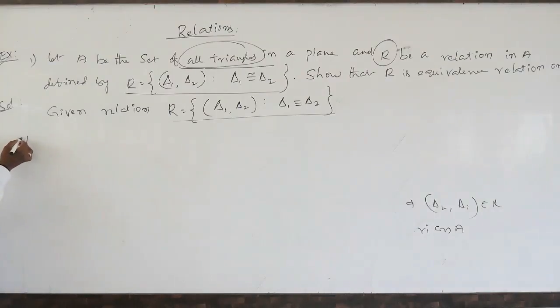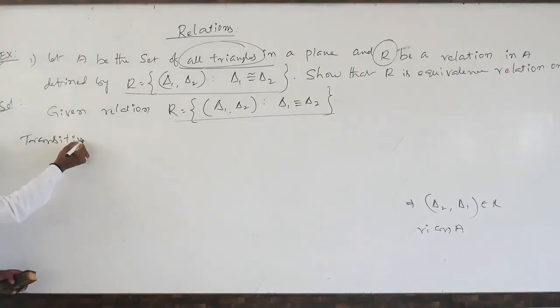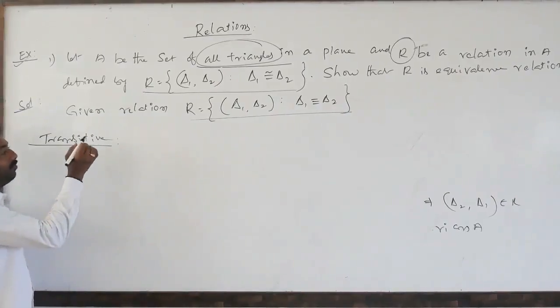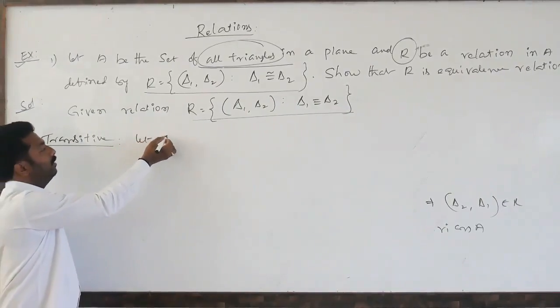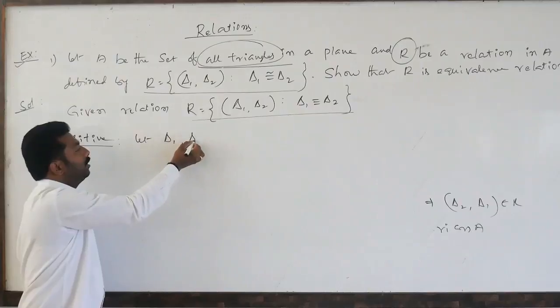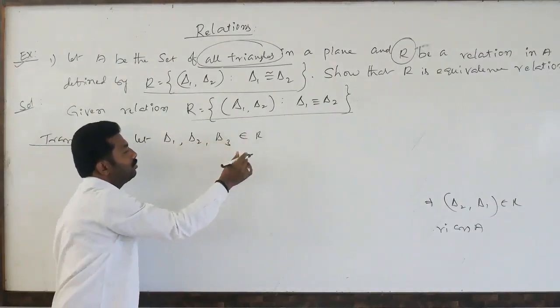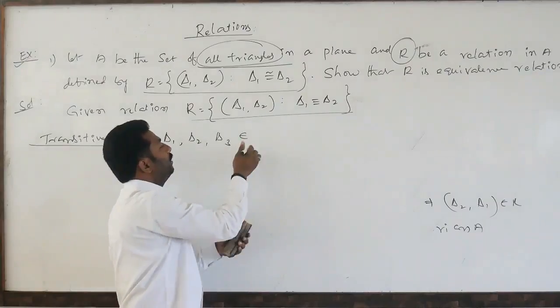Transitive. For transitive, three arbitrary elements we have to consider. Let delta 1, delta 2, delta 3 belong to the non-empty set.